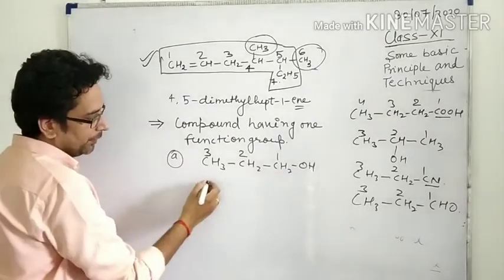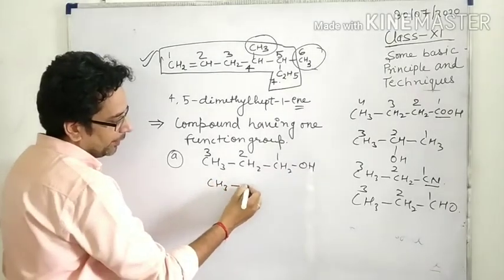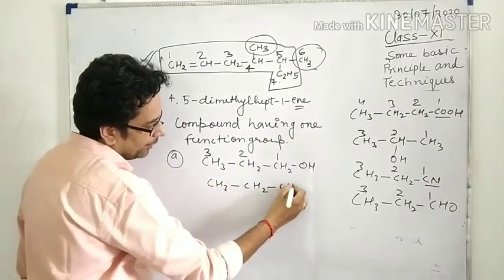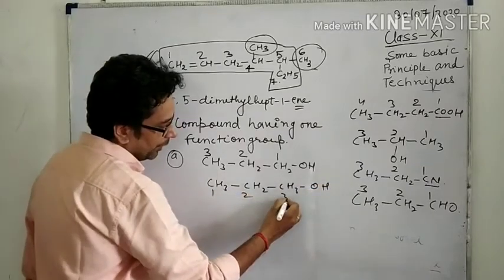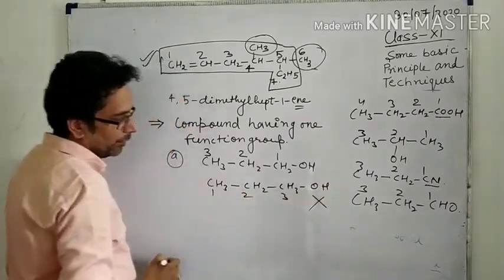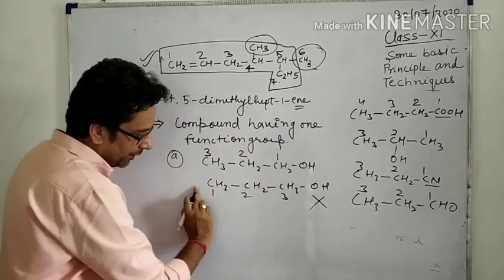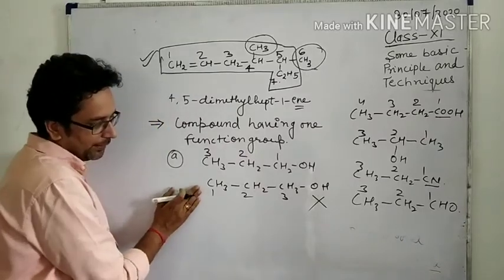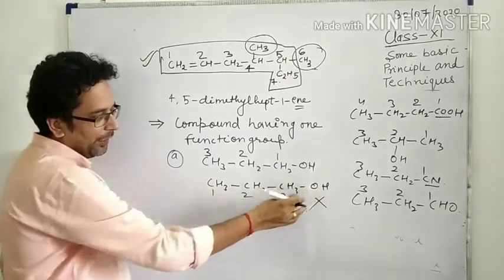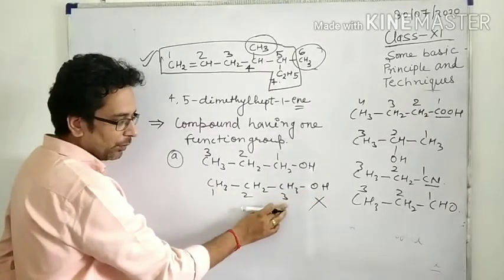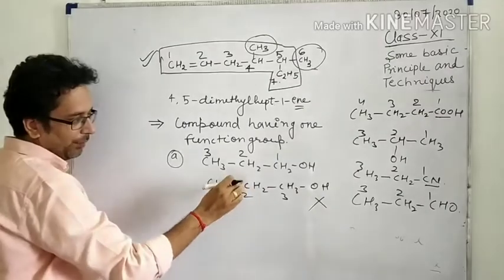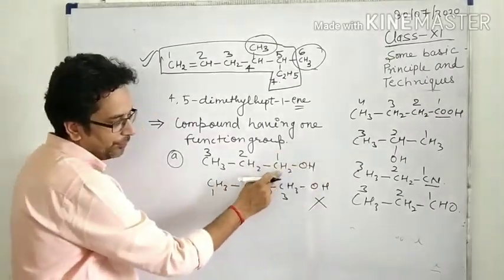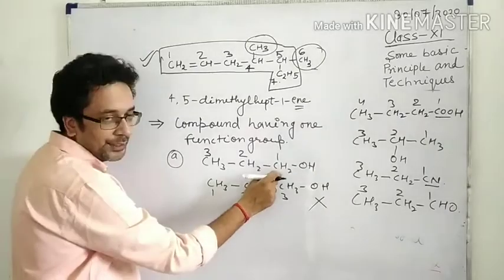If anyone numbers in this way, 1, 2, 3, then it is wrong, because when we number from the left side, the OH group occurs at position 3, which is far away. And when we number from the right side, it is found in first position. So this is the nearest.